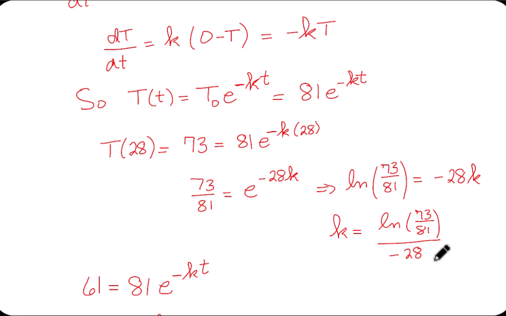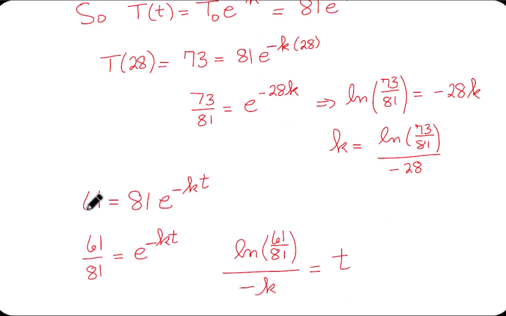Now that I know k, I can plug in my 61, and I'm looking for t. So doing that, I've got the ln of 61 over 81 divided by negative k. Here's my k.